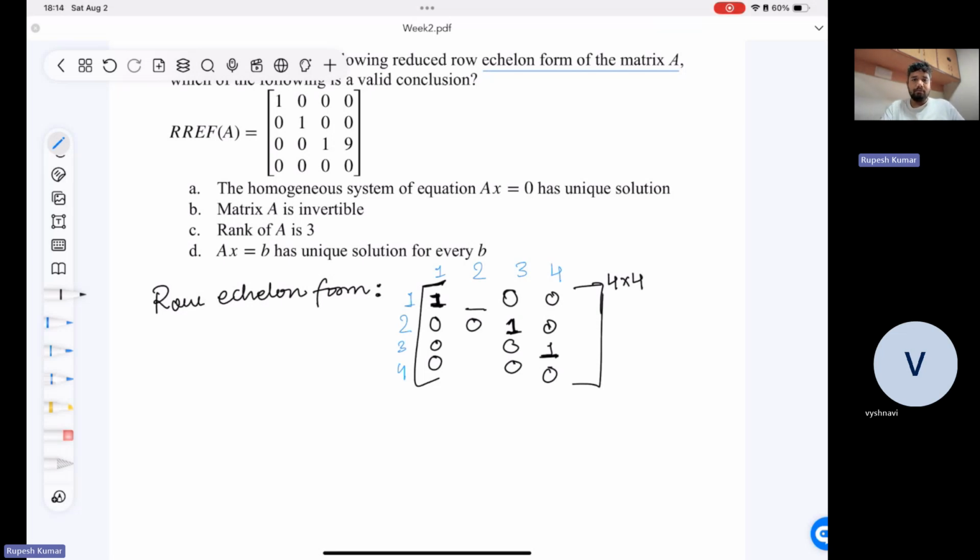Fine. So this was something that we were looking into.